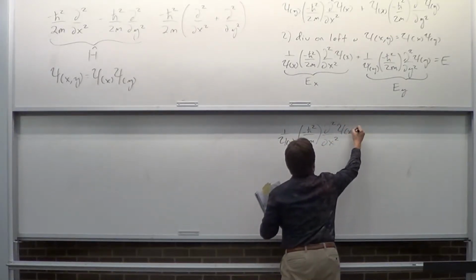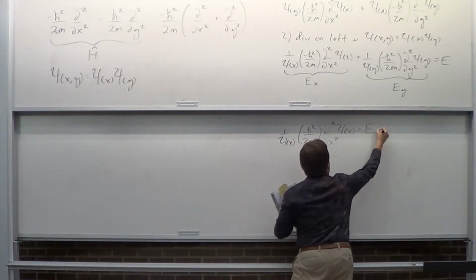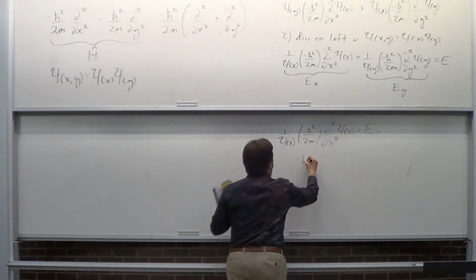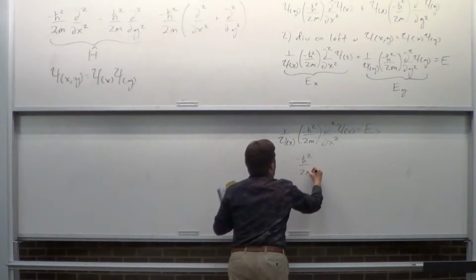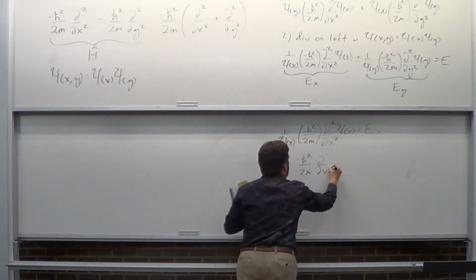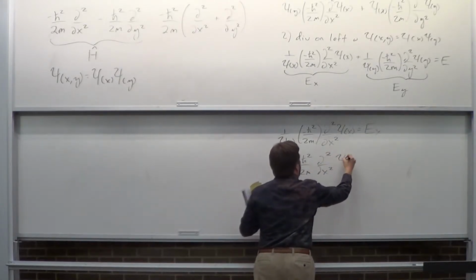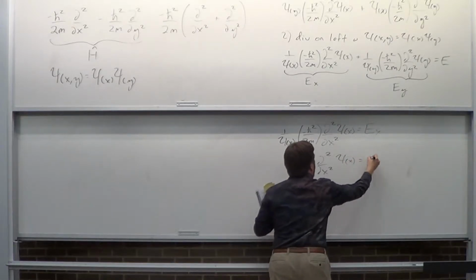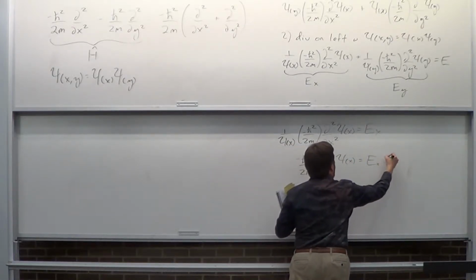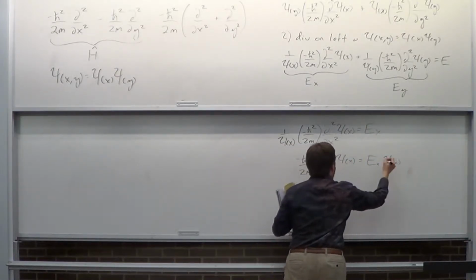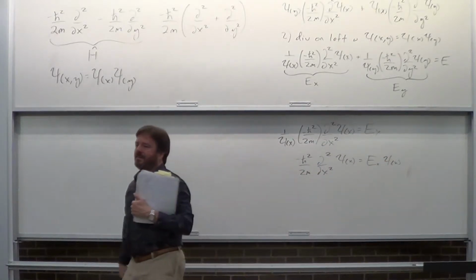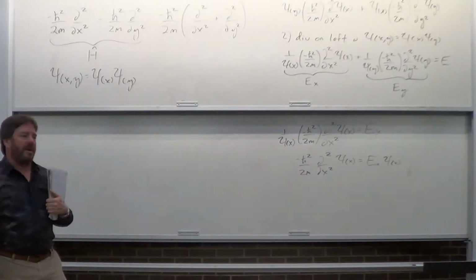If you have this, then what you've got is something that you are hopefully sick to death of. See, I'm just multiplying. Remember that x is a subscript. Look at that, that's the Schrodinger equation for x.